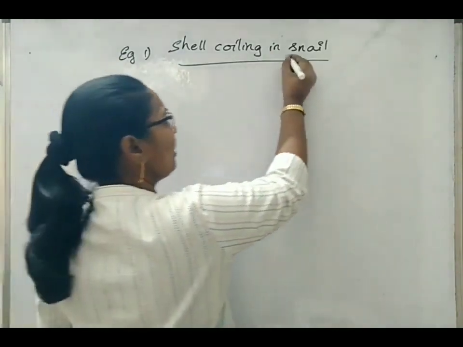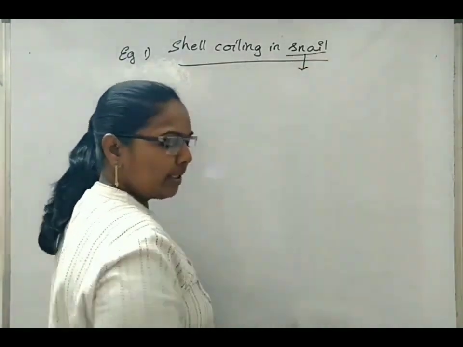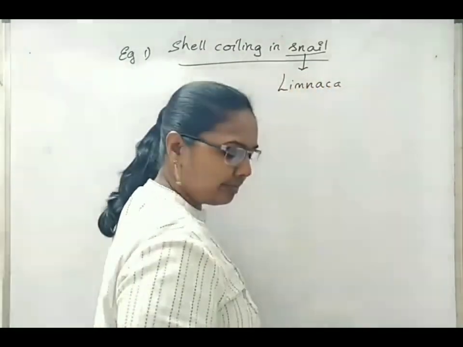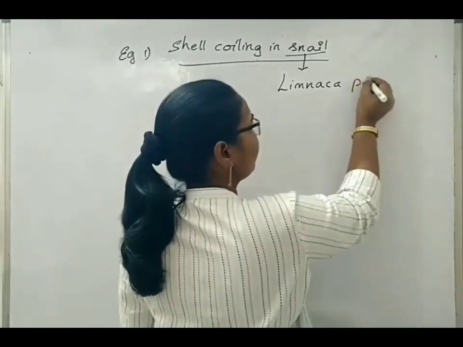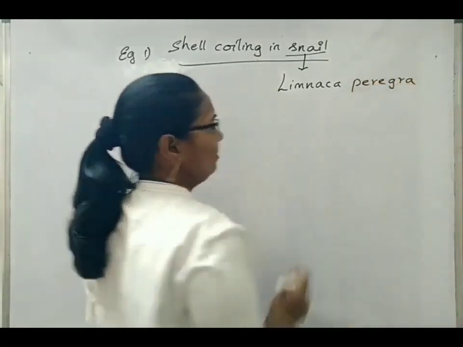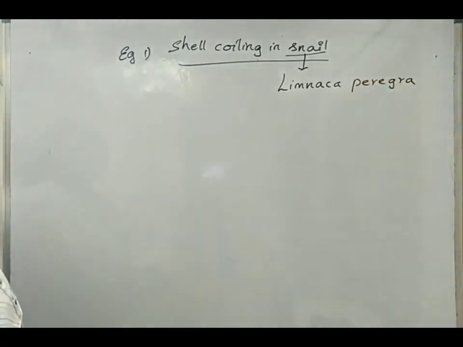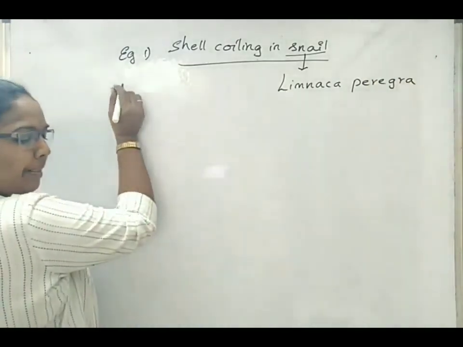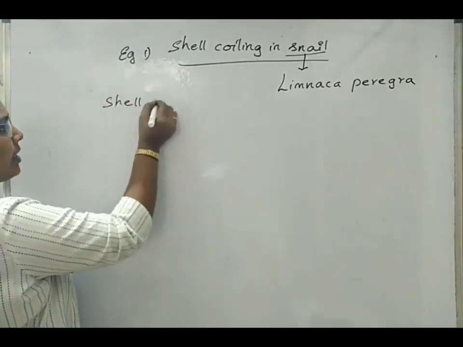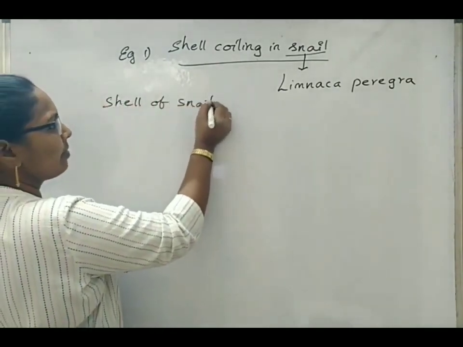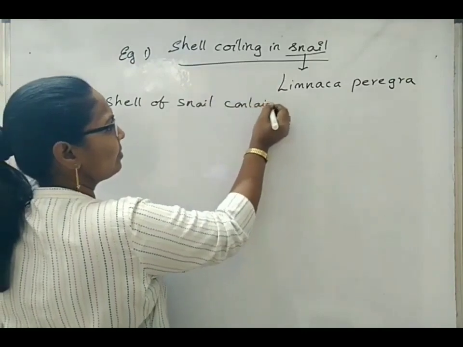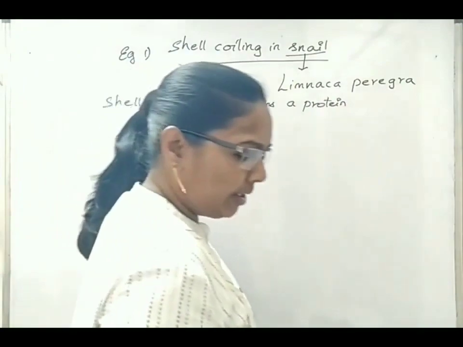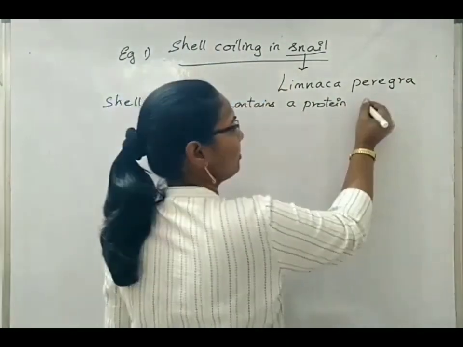The scientific name or zoological name of this one is Limnaea peregra. This is the zoological name of the snails. The shell of the snail contains a protein that is coded by the cytogenes.